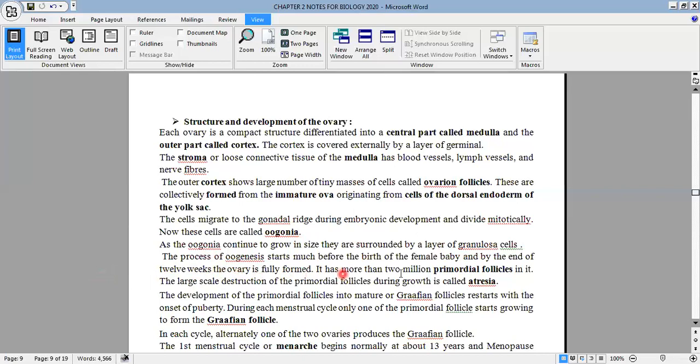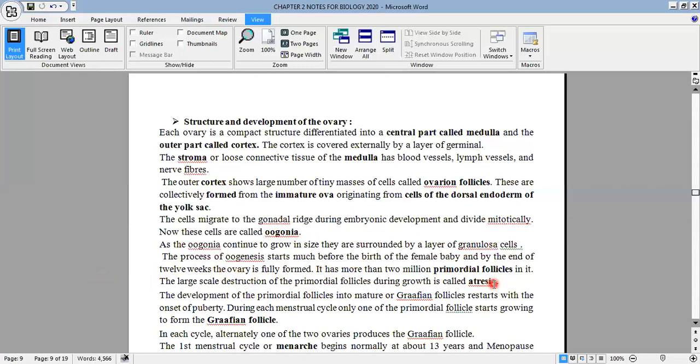Now it has more than 2 million primordial follicles in it. But during the growth period, many primordial follicles are destroyed. This destruction of the primordial follicles during the growth is called atresia.